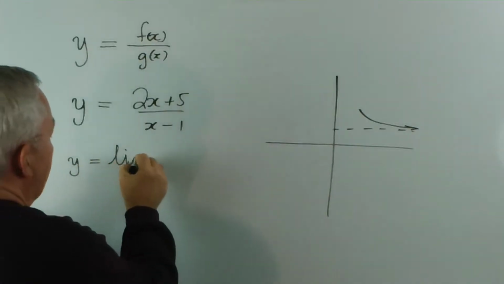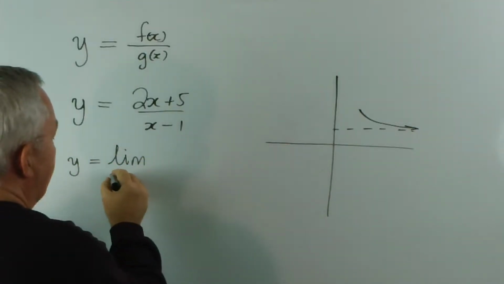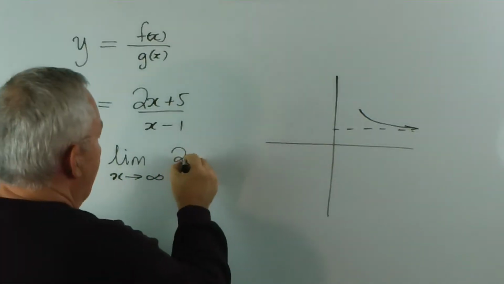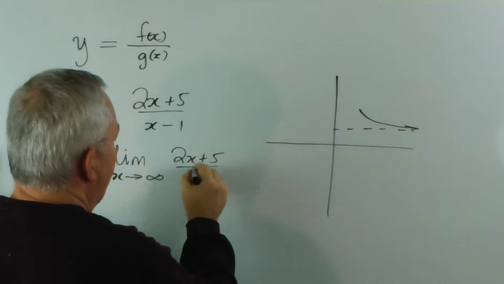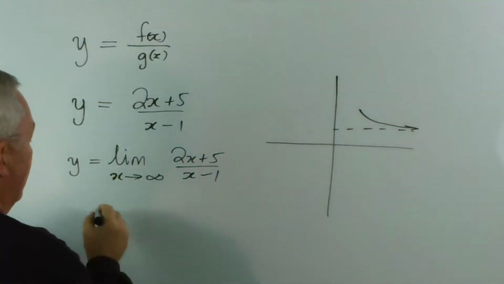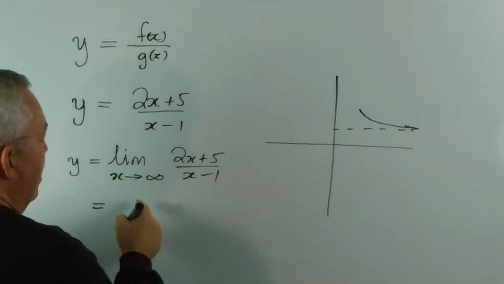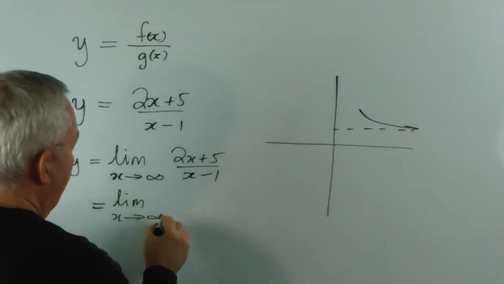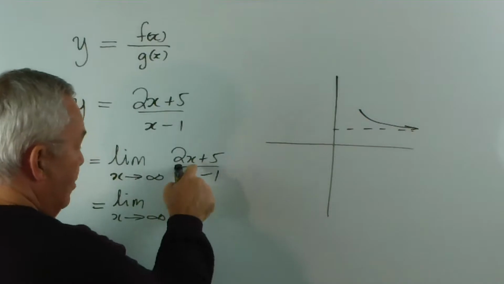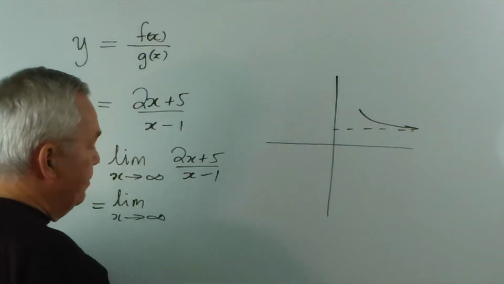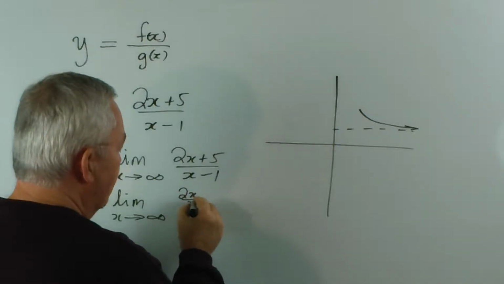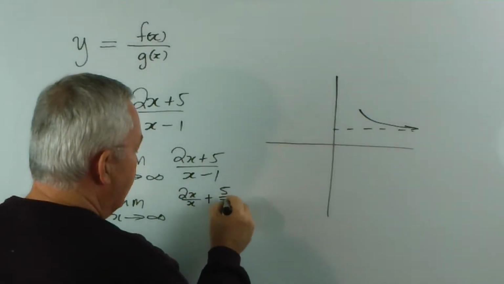The limit as x tends to infinity of 2x plus 5 over x minus 1. And the way we do that is we find the highest power, in this case it's simply x, and we divide each part of the expression by x.